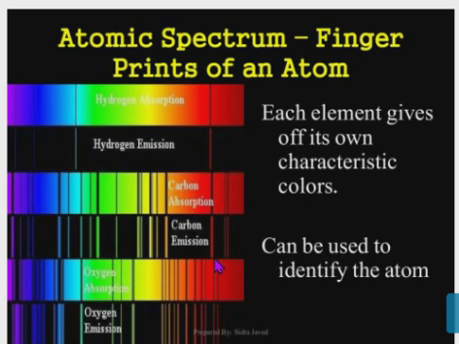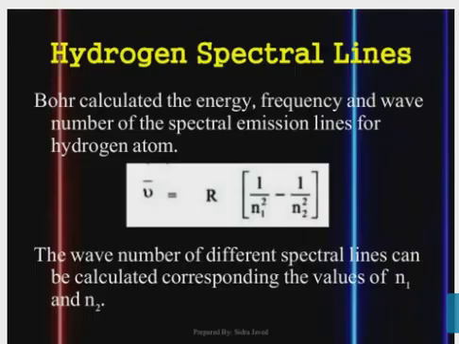In 1885, Balmer found that the wavelength of the lines is represented by an empirical formula: nu bar equals R into (1 by n1 square minus 1 by n2 square), where R is the Rydberg constant.